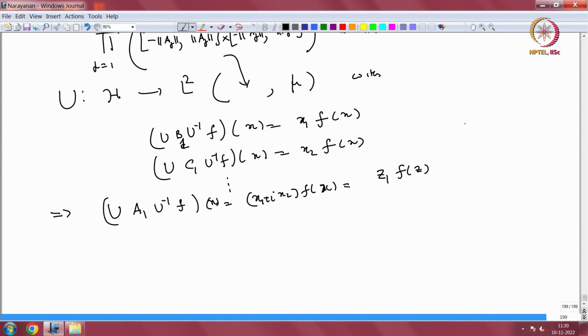So, I have x1, x2 etcetera x2n minus 1, x2n, right. I am identifying this as Z1, Z2 etcetera Zn, where Z1 is x1 plus ix2 and so on, right. So, that will tell me that the operator A1 is multiplication by Z1, operator A2 is multiplication by Z2 etcetera.